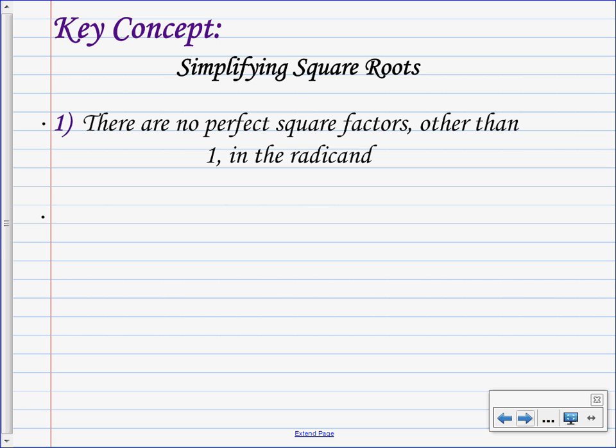1 times 1 is 1. So, and that 1 is a factor of every number. So that can be inside. And the second one is there's no radical in the denominator.